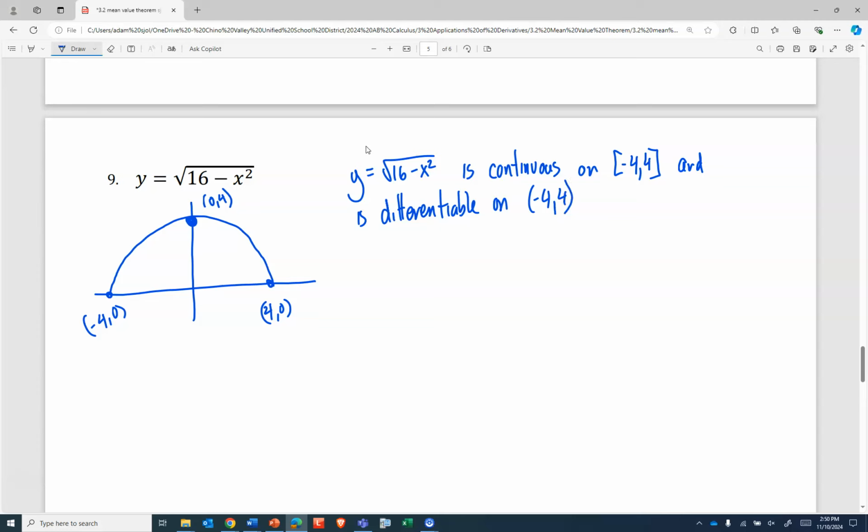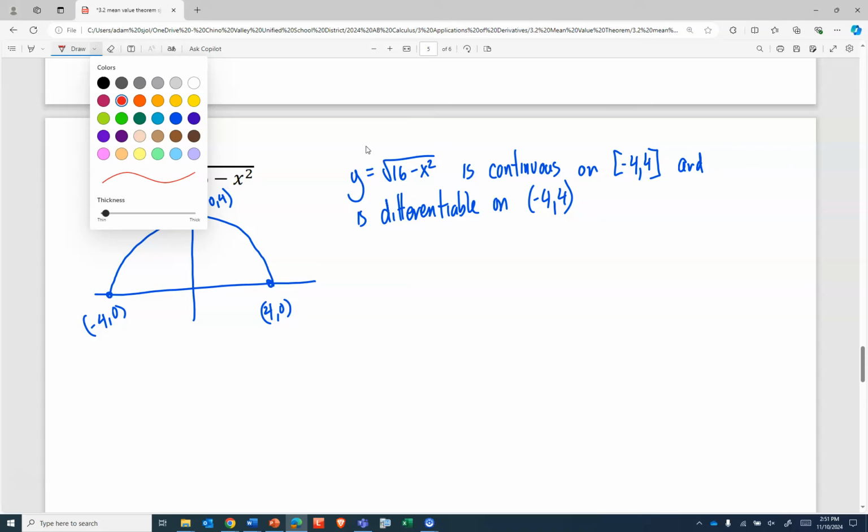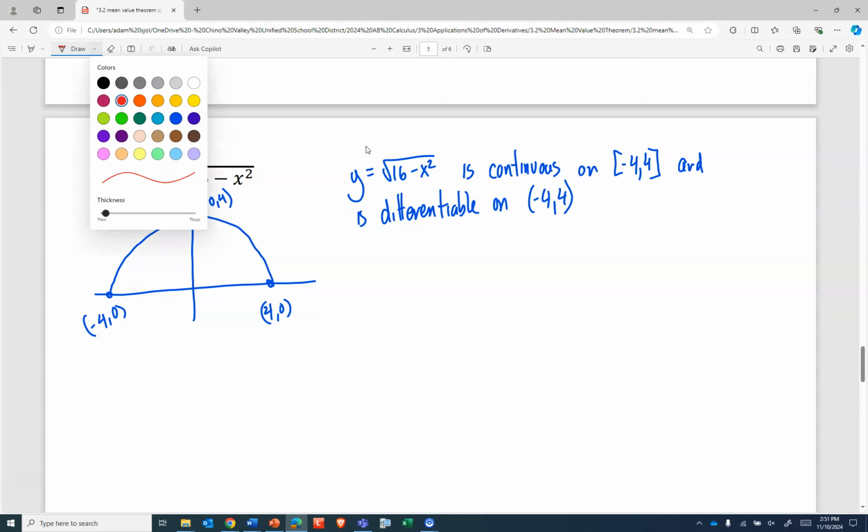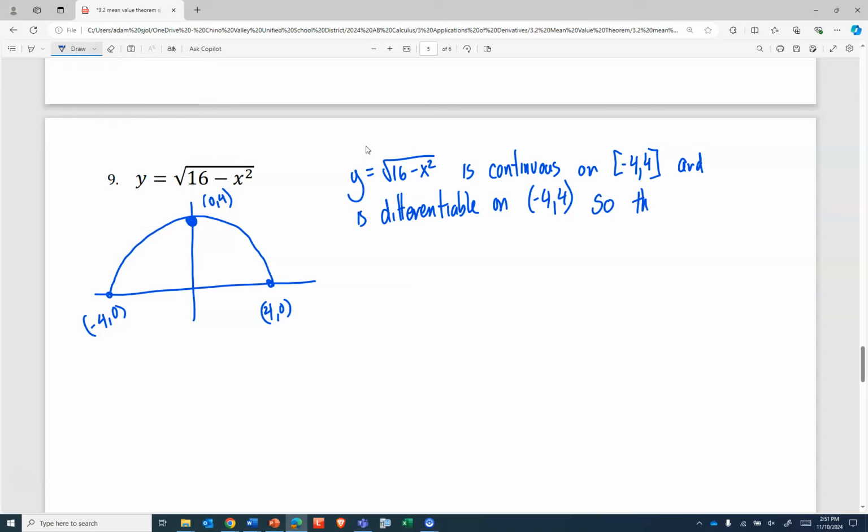So here's one of those cases where, if you didn't realize, just kind of memorizing stuff might help, because this graph is not differentiable at the endpoints x equals 4 and x equals negative 4. This graph has vertical tangents there. So some people that are a little imprecise would say, hey, the mean value theorem doesn't apply. Anyways, it does.